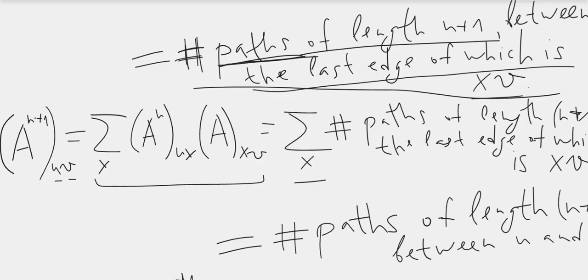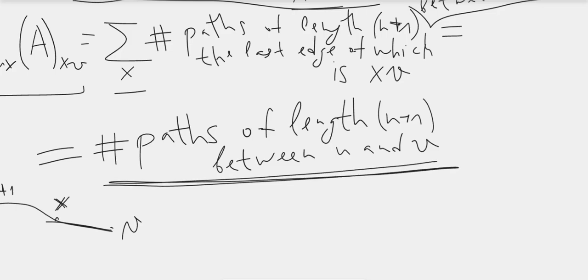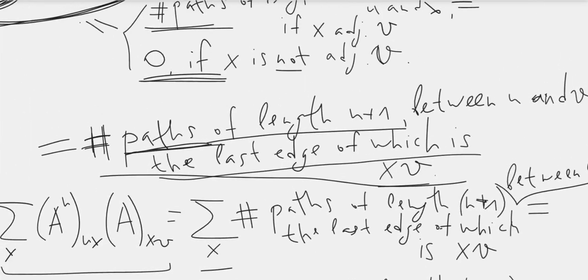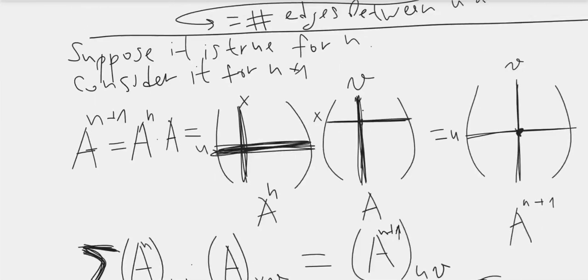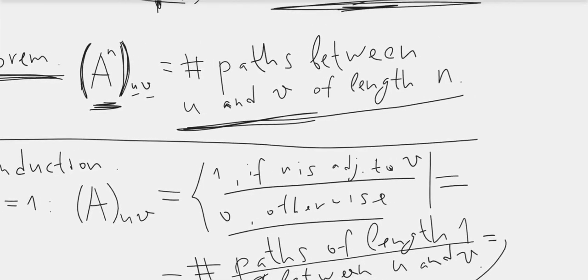Then by a chain of equalities we arrived at the fact that this is the number of paths of length n plus 1 between u and v, exactly the equality that we needed to prove.